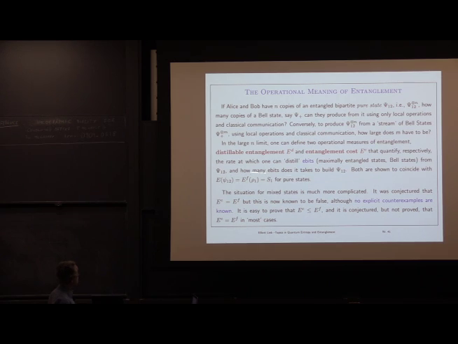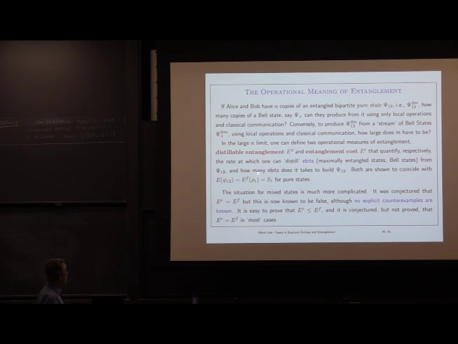Both are shown to coincide with the entanglement of formation, EF, that we defined before as one measure of entanglement, and it's the one you're usually familiar with. You take a pure state, you trace over half of the state, and you look at what's left and see how much entropy is in there.